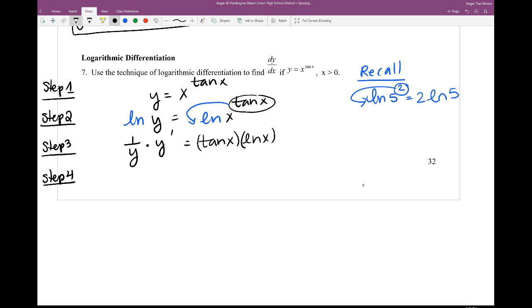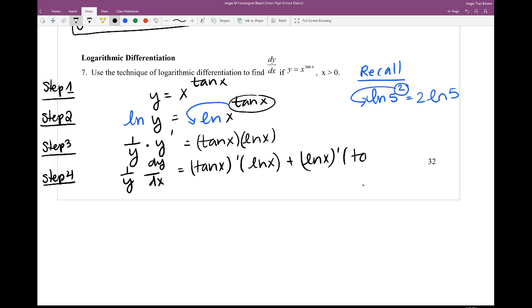I will rewrite this as dy dx because I like to solve for dy dx later. So the product rule says I need to take the derivative of u times v plus the derivative of v times u. U prime times v plus v prime times u. And then from here, we are going to work this out slowly.